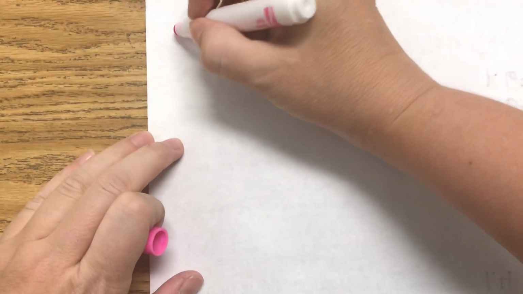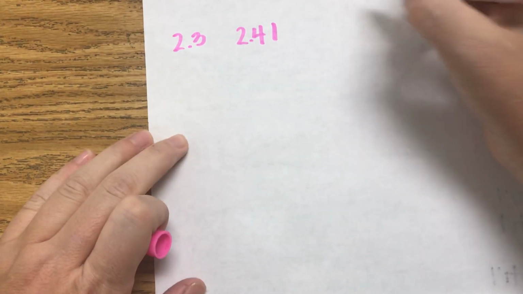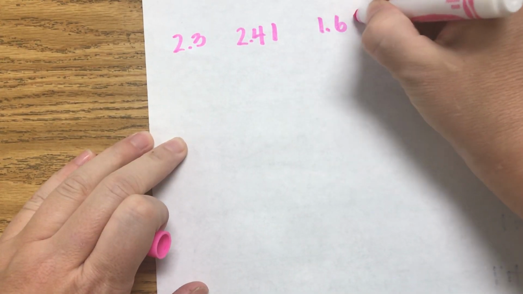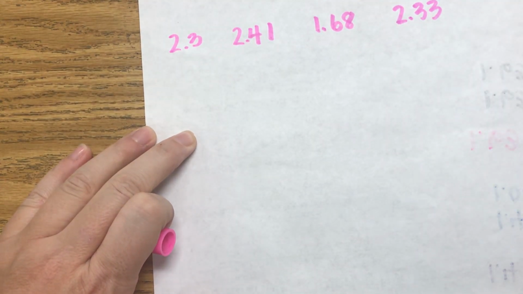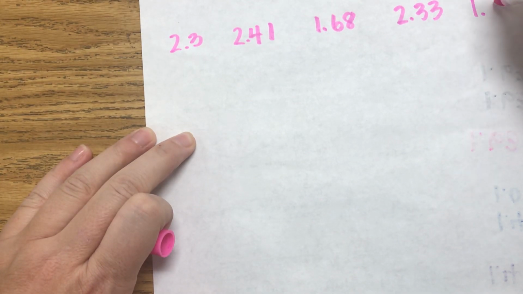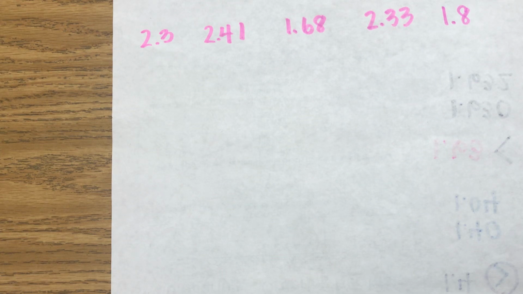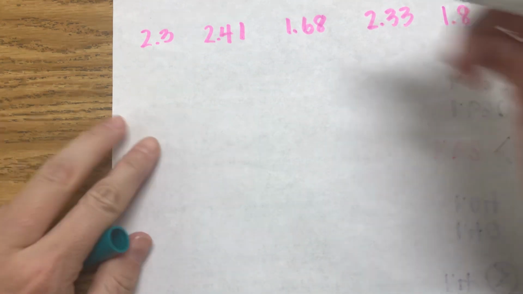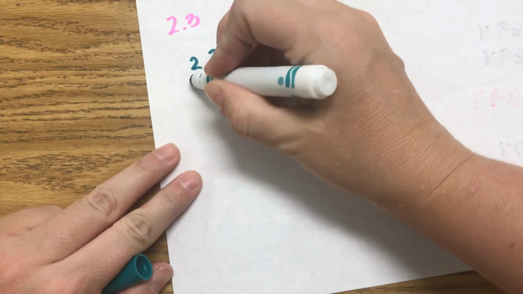You would want to do the same thing. So if you had a bunch of decimals that we wanted to put in order, so let's say we have 2 and 3/10, 2 and 41/100, 1 and 68/100, 2 and 33/100, and 1 and 8/10. In order to place these numbers in order, again, we're going to line up the decimals. So I'm going to use just a different color to line them all up so we can see better.